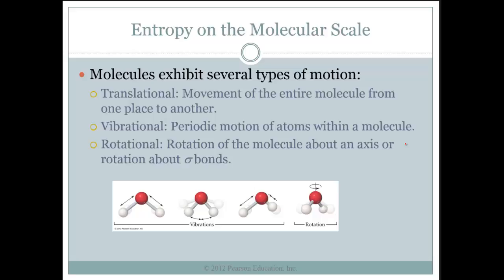Translational, which is the movement of the entire molecule from one place to another. Vibrational, which is periodic motion of atoms within a molecule. And rotational: rotation of the molecules about an axis, or rotation about a sigma bond.